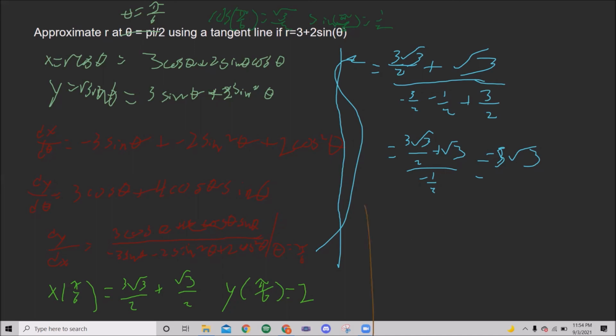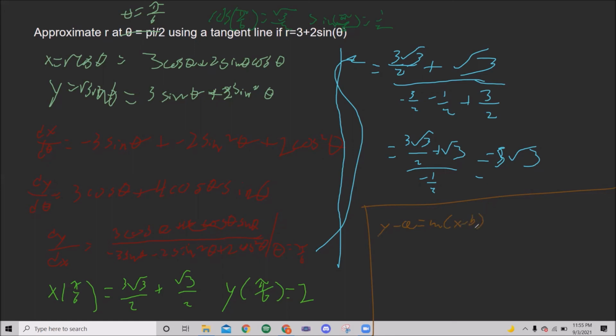Okay, so our standard form is, of course, y minus a, being the y-coordinate at which we're trying to find the tangent line, equals m times x minus b.